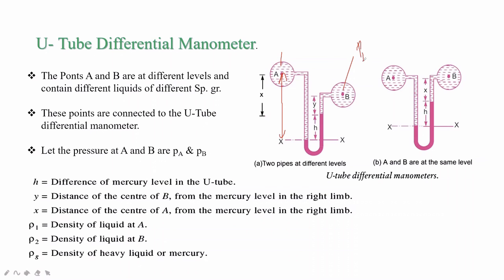The pressure in the right limb will be pb, so there is no confusion in this. Next, the same liquid comes up to here, so we take rho 2 g y plus rho g g h, with respect to the pressure formula rho g h. For the mercury, rho g and h will be there.